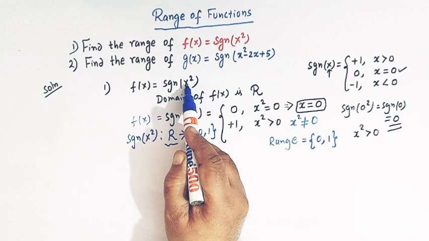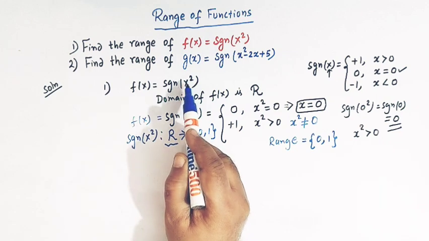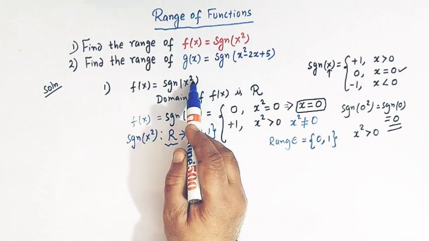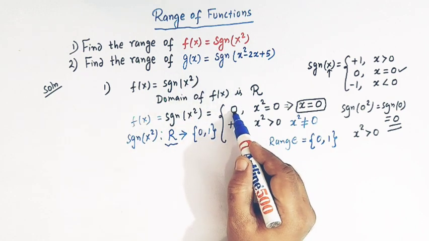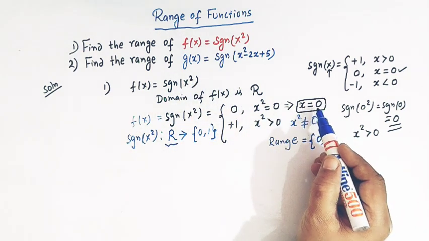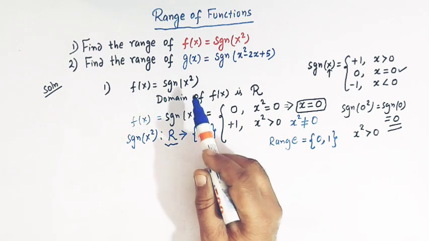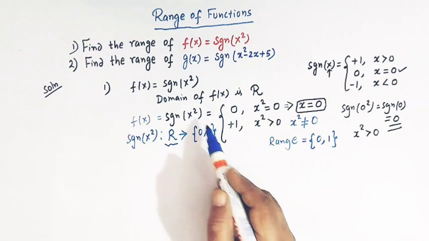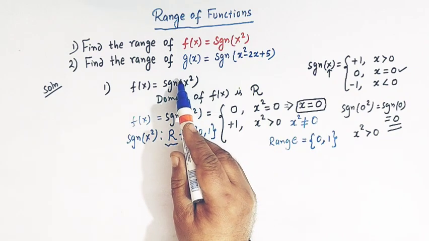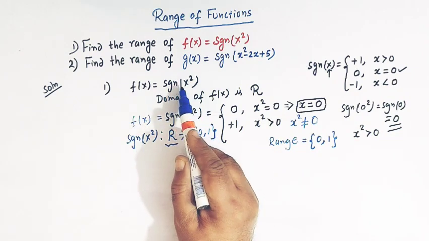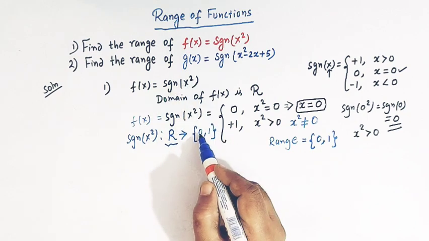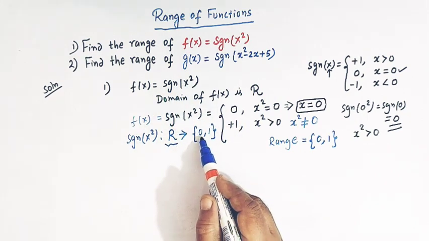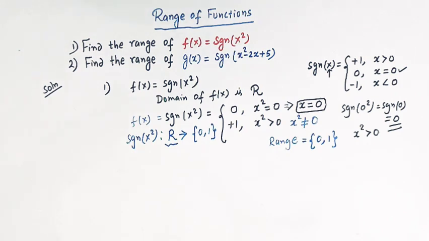Here x can take any real number, and whenever we square the real number, we get either 0 for x equal to 0, and for all other values which are not equal to 0, we always get a positive number inside this signum symbol. So we have 1 here. So the range of this function is {0, 1}.